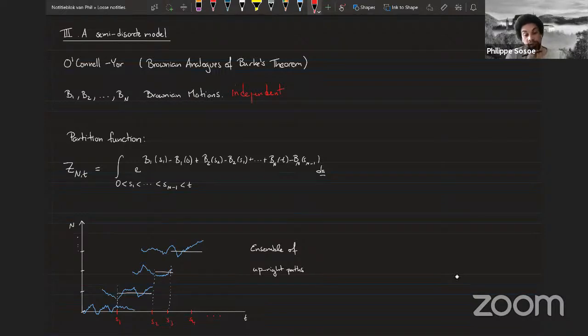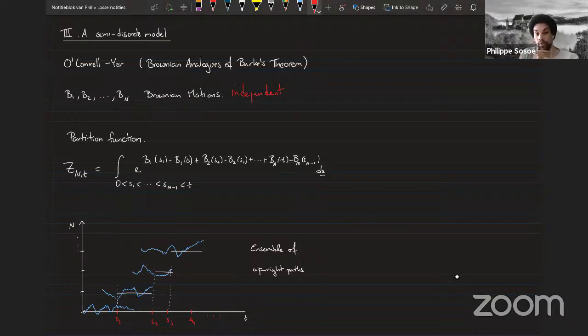It's a multiple integral, actually an n-1 fold integral over the simplex s1 less than s2 less than ... less than s(n-1) less than t. We're integrating the exponential of a sum of increments of Brownian motions across different values of the sj. For the first Brownian motion B1, we look at B1(s1) minus B1(0), and B1(0) is 0 because we're looking at standard Brownian motions.